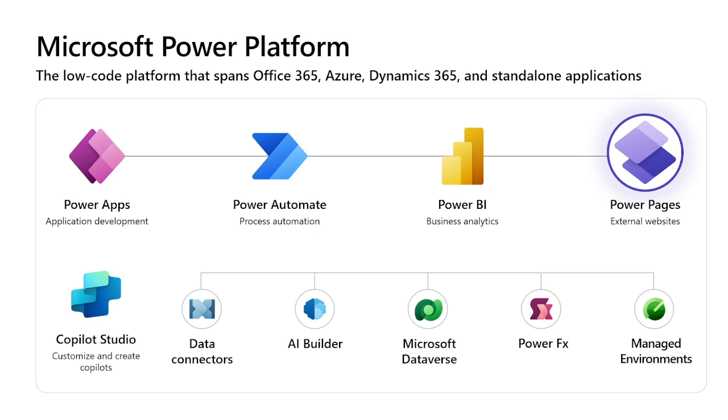So if your Power Pages has a use case where you need certain AI capabilities, like maybe you need to extract information from PDFs, right? Invoice PDFs that are uploaded. You're able to utilize AI Builder directly for your automation and use that within Power Pages. And similarly, you're able to utilize governance solutions like managed environments as well.